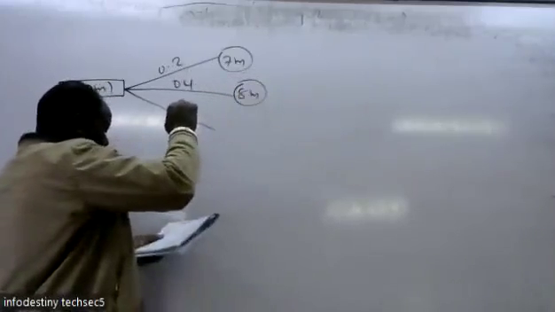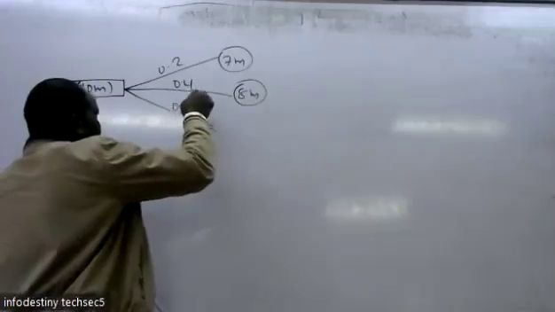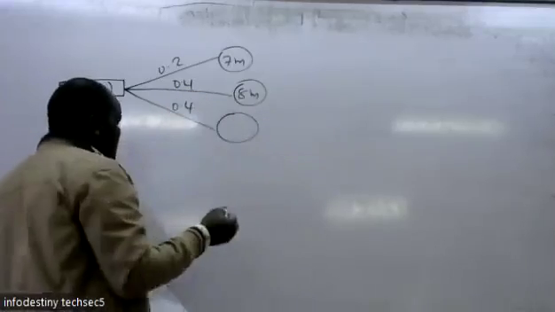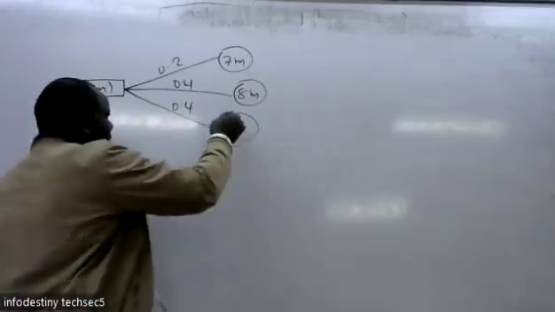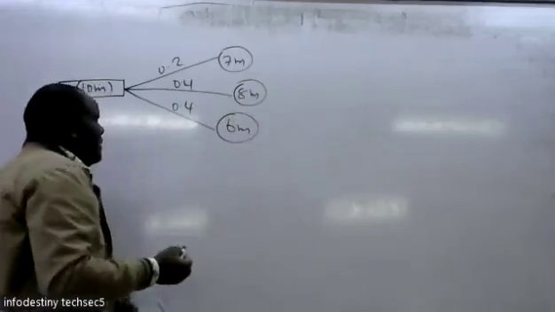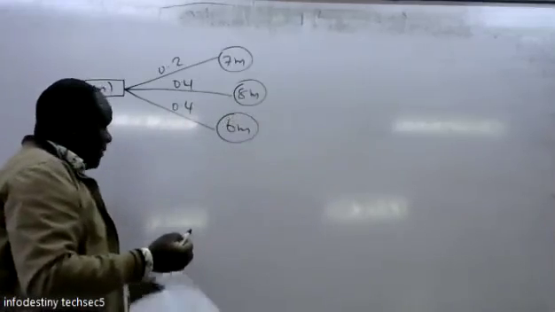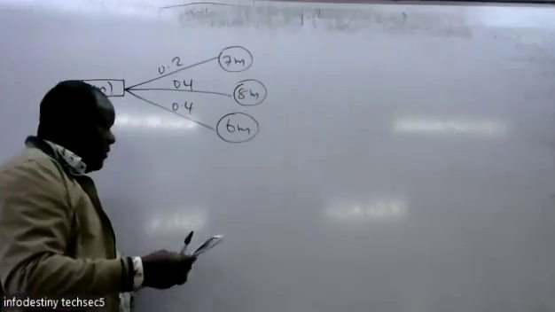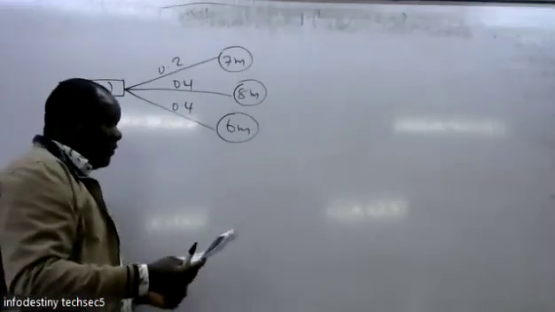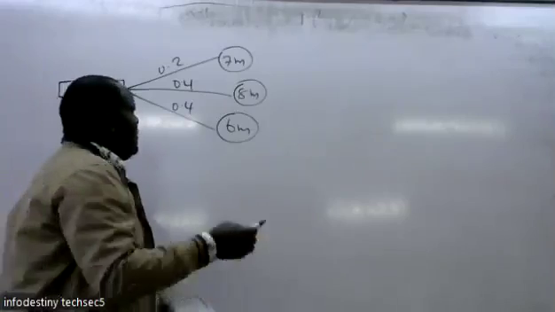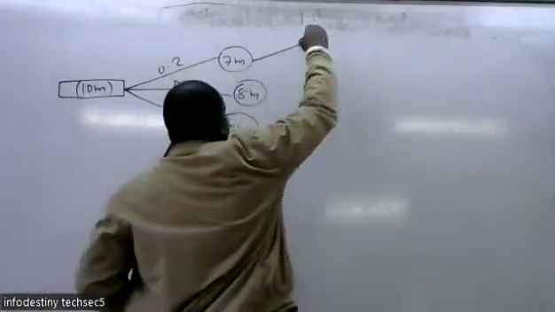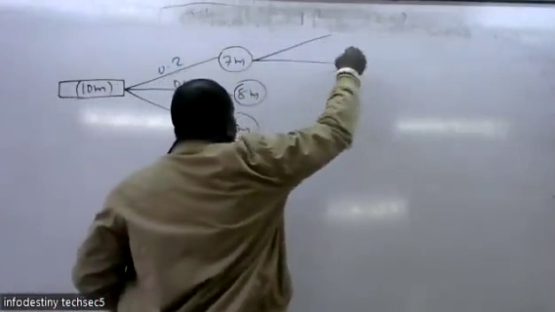There is also 0.4 of coming up with 6 millions. That's what happens in year 1. So come year 2, each option has 2 possibilities.